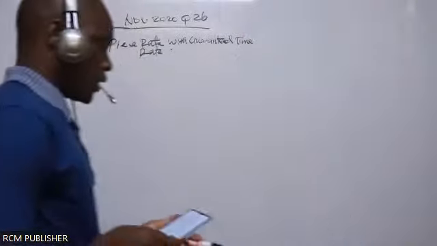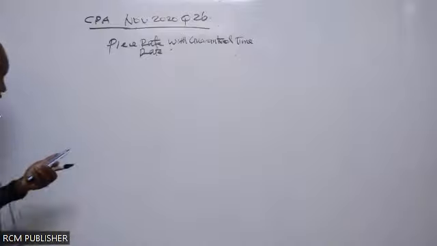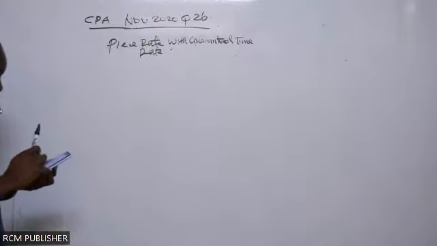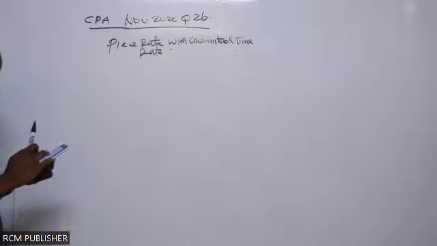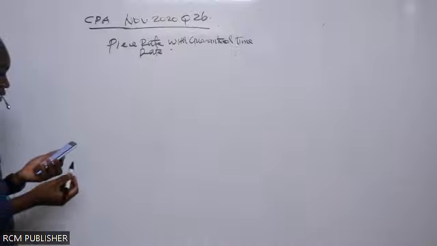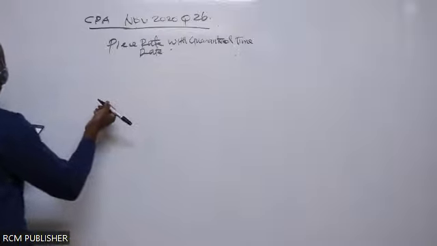So if you look at what is given there, under the piece rate, we have 3 employees. We have Ambogaa, we have Banyala and Charlie.